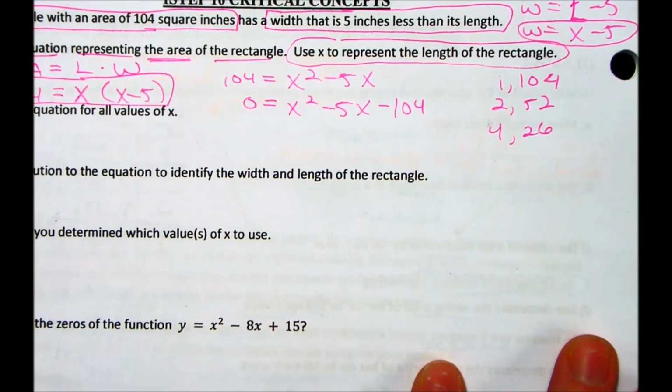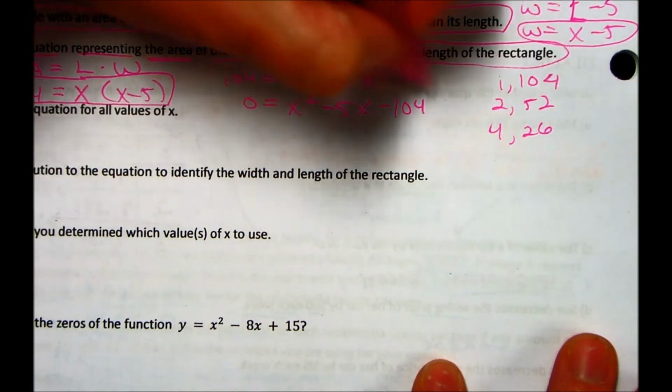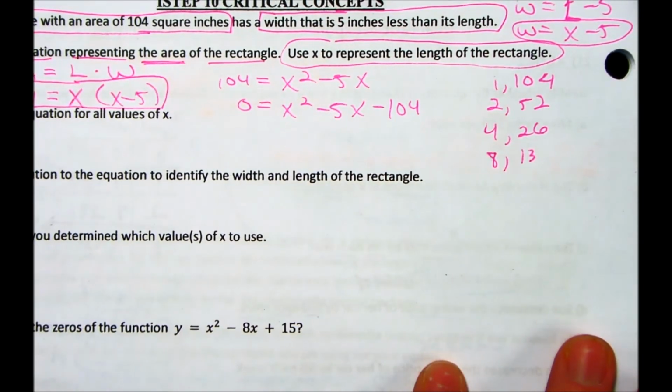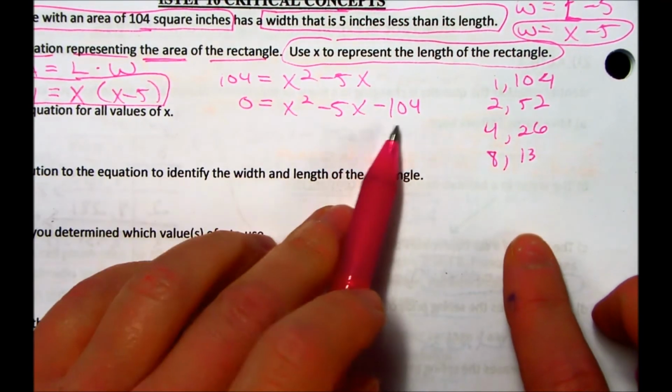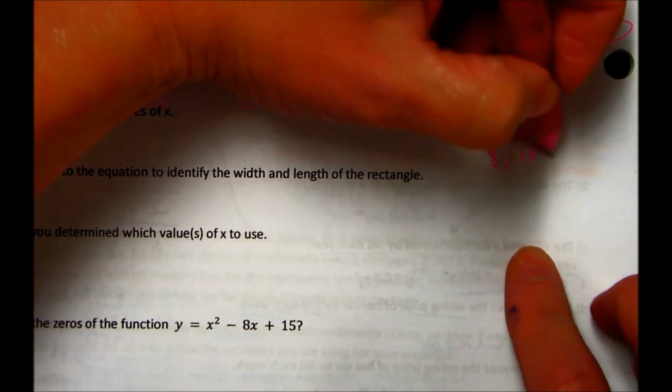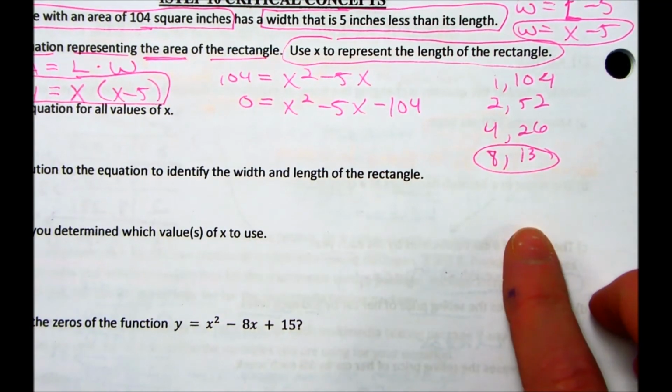And then if I try 5 and 6 and 7, none of those numbers go into 104 evenly, but 8 does. 8 goes into it 13 times. And if we're looking for two numbers that have a difference of 5, 8 and 13 will work.